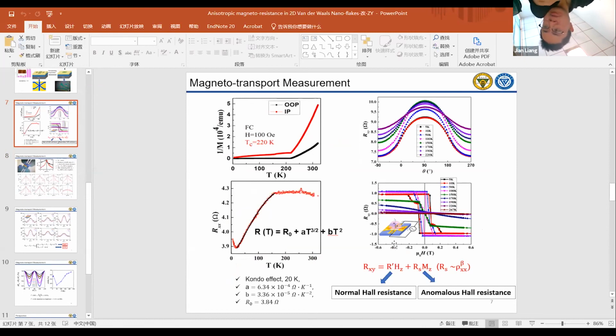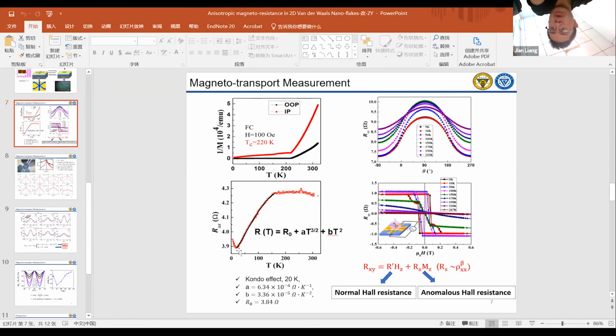Like I said, the Hall resistance is made up of the normal and anomalous Hall resistance. And the term of anomalous Hall resistance is related to the longitudinal resistance, Rxx. From this picture, the RT curve reaches a minimum not at 5 Kelvin, due to the Kondo effect.